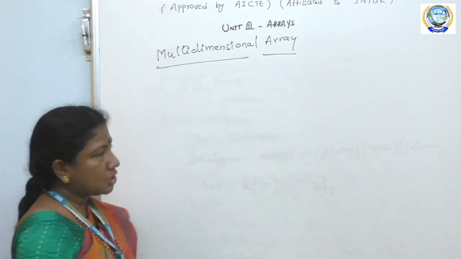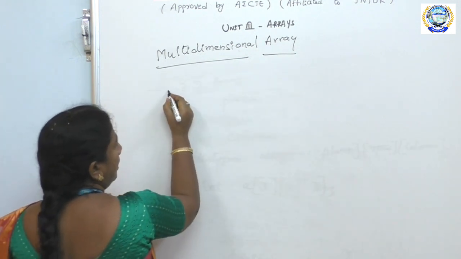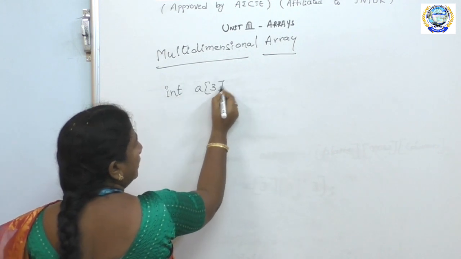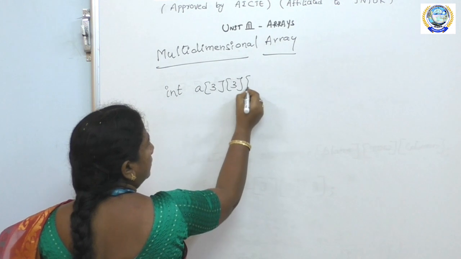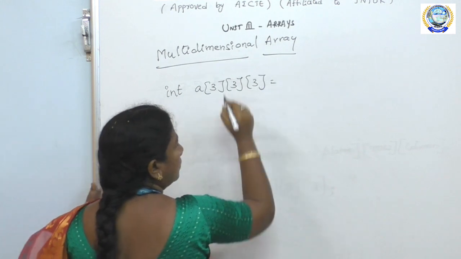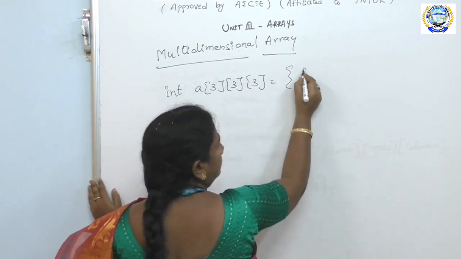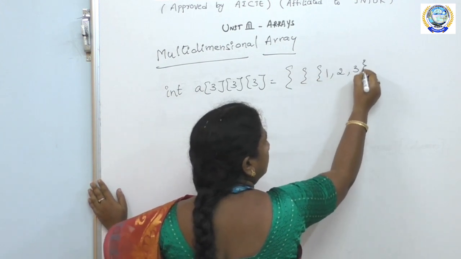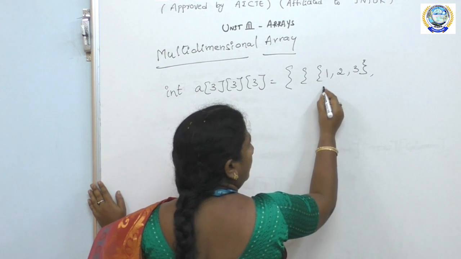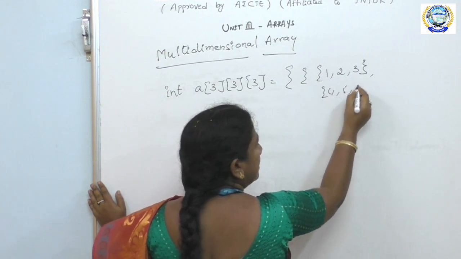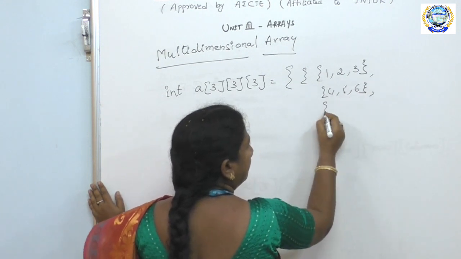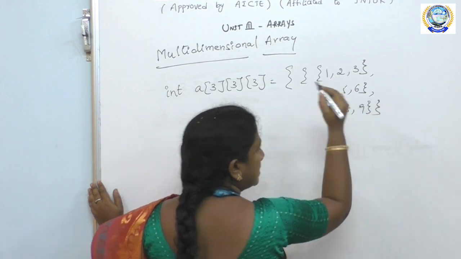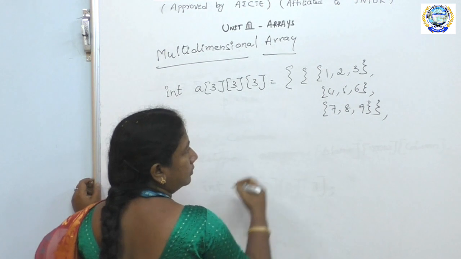The initialization of this multi-dimensional array is int a[3][3][3] = {1, 2, 3, 4, 5, 6, 7, 8, 9}. This is the first plane.